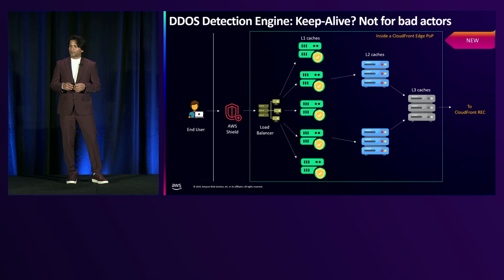We leverage a probabilistic data structure that spans the entire CloudFront fleet to assess the threat level, and then we assign DDoS confidence scores to these requests. Based on this score, we decide the appropriate mitigation strategy and block the request if needed. The best part is this happens in line with the request and does not add any additional latency to your application.